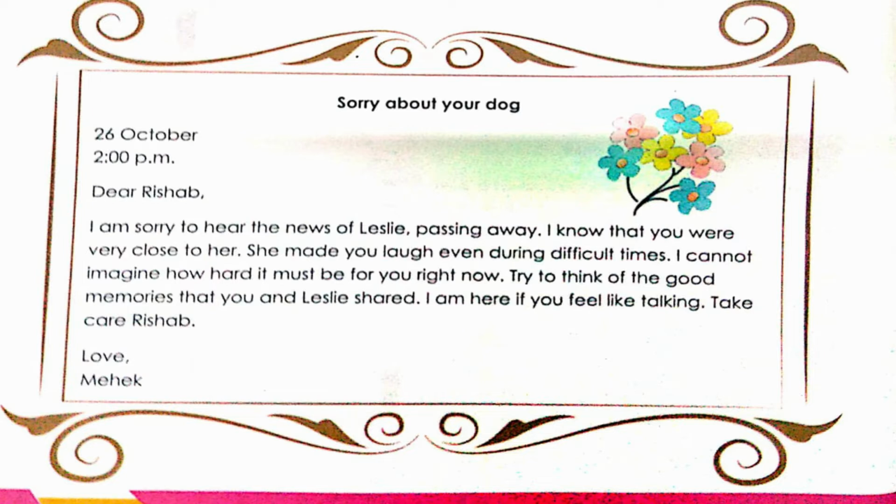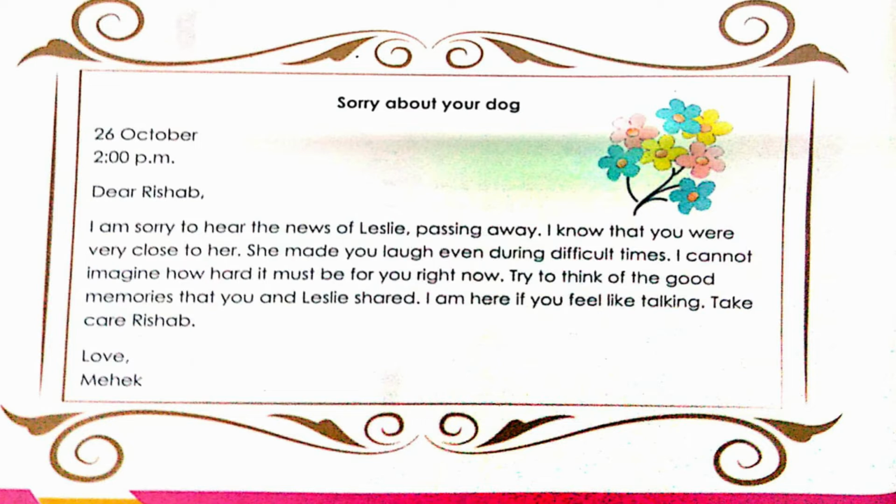And there is a space given there, and then you can see the salutation, dear Rishabh, and a comma has been given. Now next is the message, which I have already shown you in the format. The message is, I am sorry to hear the news of Leslie passing away.